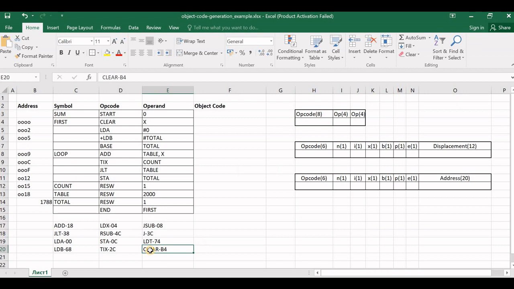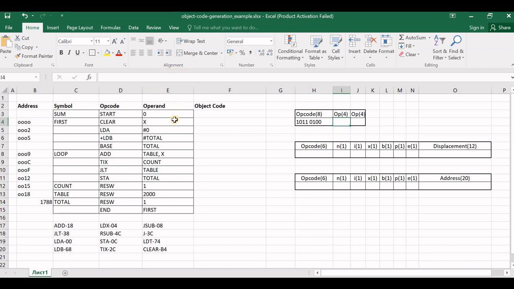The opcode for clear is B4. So enter that value in binary directly over here. B is 1011 and 4 is 0100.